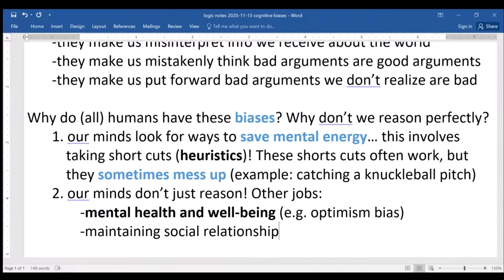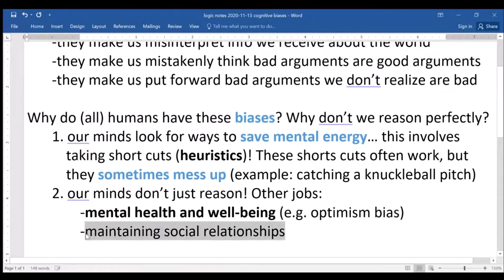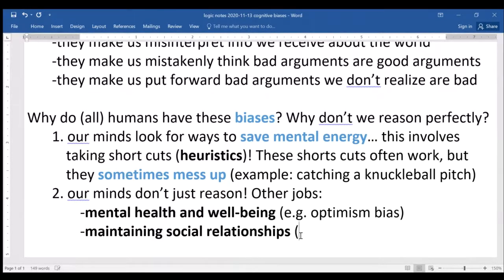Humans are pretty naturally social beings. And our mind has to make sure we get along with people. Maybe not literally everybody, but some people. Our friends, maybe our family. People who we think of as members of our in-group. And so we might have social biases as a result of this.